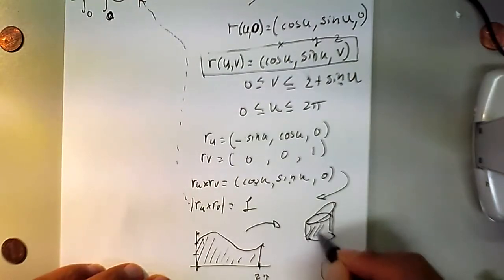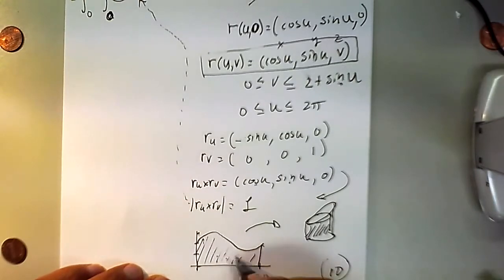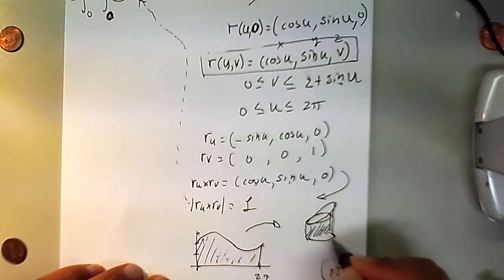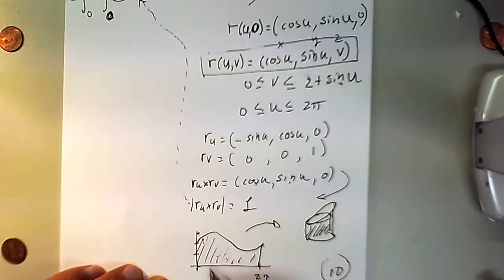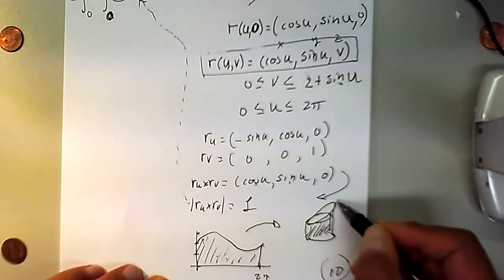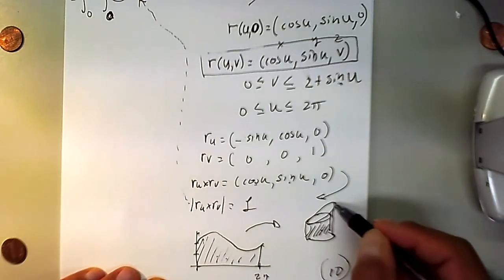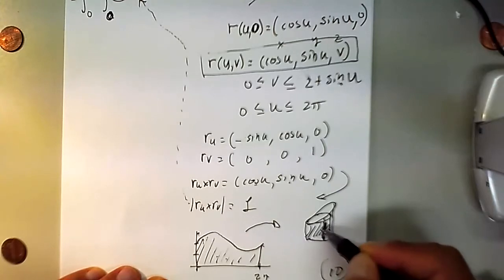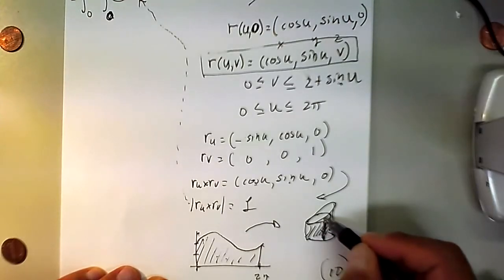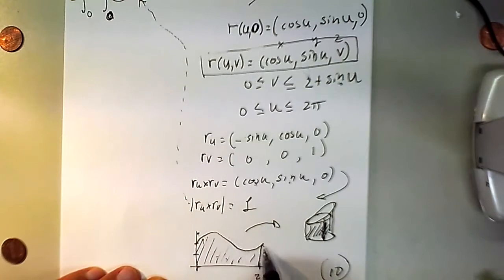We're changing this into that by wrapping it around the unit circle. Isn't that neat? This is quite geometric: if you cut here and open this out and spread it, you're going to end up with this surface. That's kind of neat.